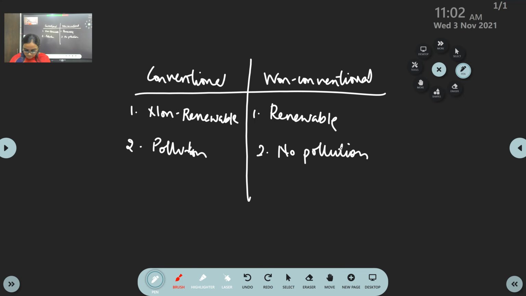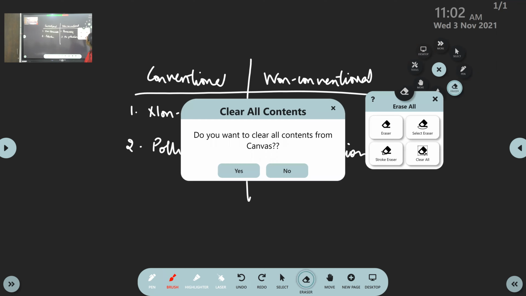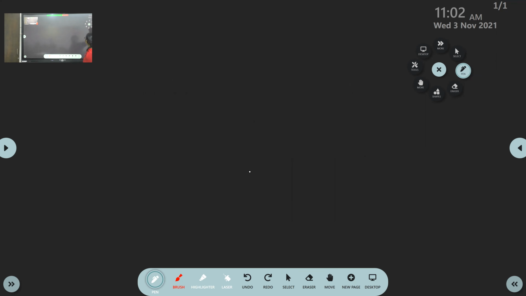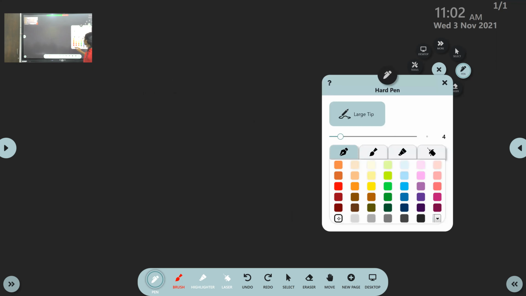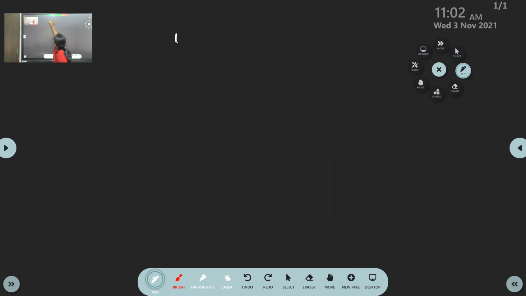Next, first one, coal. Coal is the most important and abundant fossil fuel.